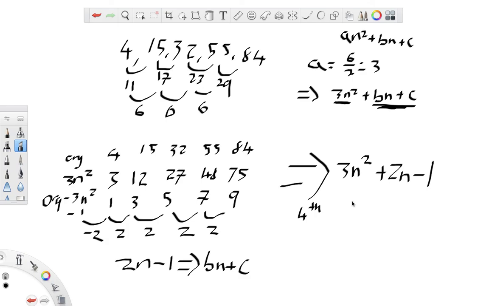Well, that's 3 times 16. And we'd add 2 times 4. Then we're taking away 1 at the end. That, when we work that out, gives us 55. So we know that we must have done it right because we've substituted to check that our answer is correct.